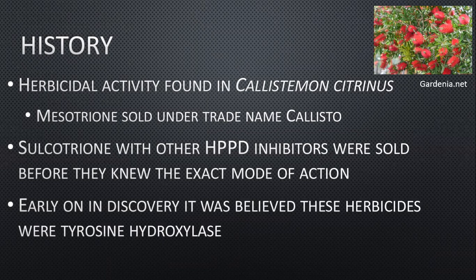And then sulcotrione was one of the early HPPD inhibitors, and it was sold before they actually knew the mode of action. They actually thought it was a protox inhibitor, but later they found out it was the HPPD. Early on, when they decided that these weren't protox inhibitors, they thought that it was tyrosine hydroxylase.